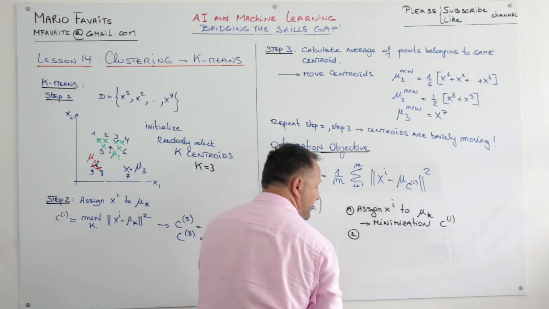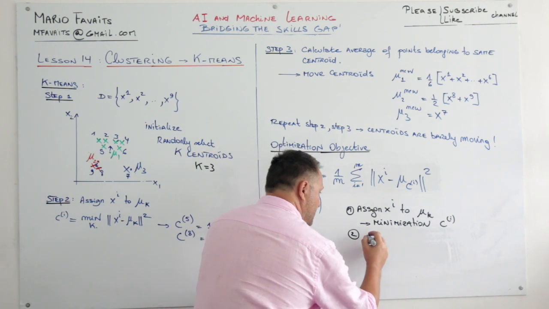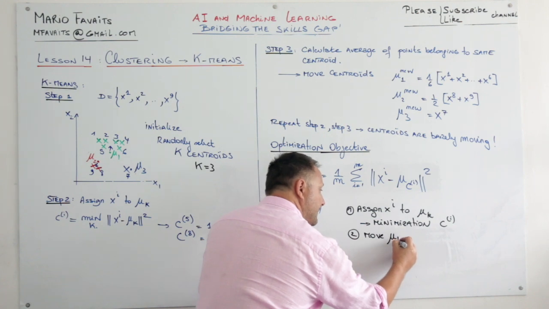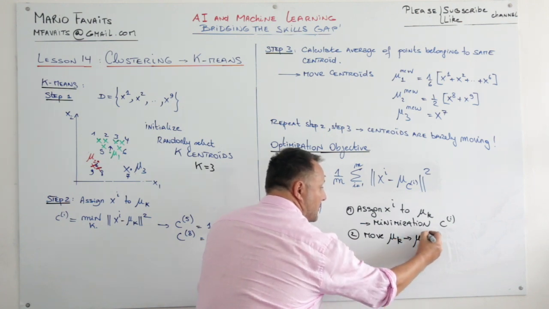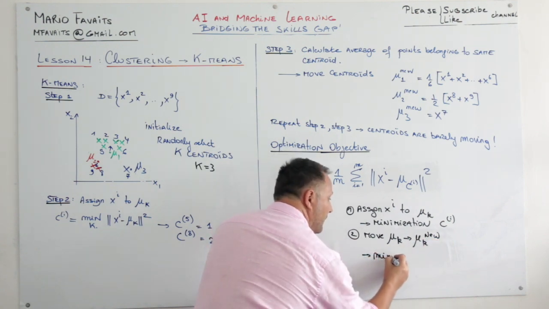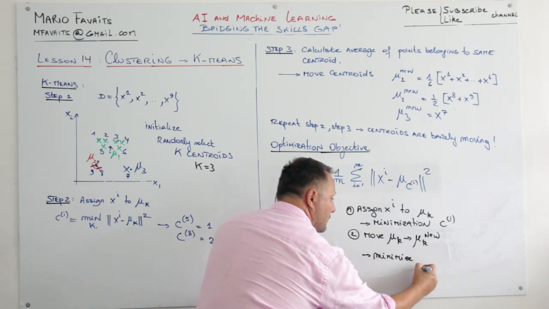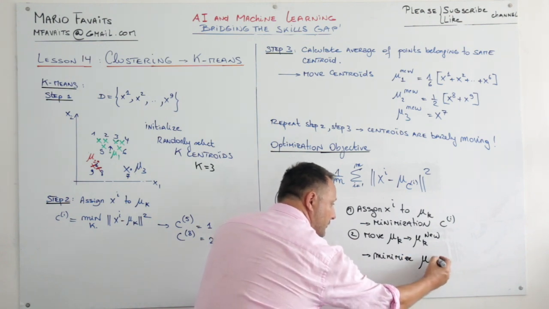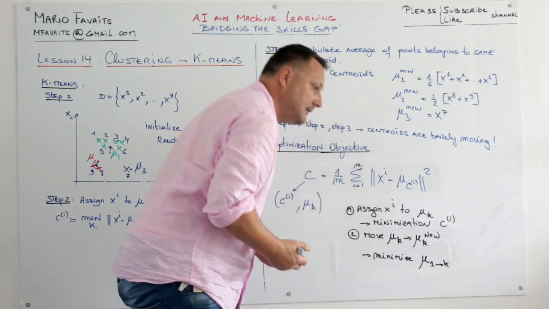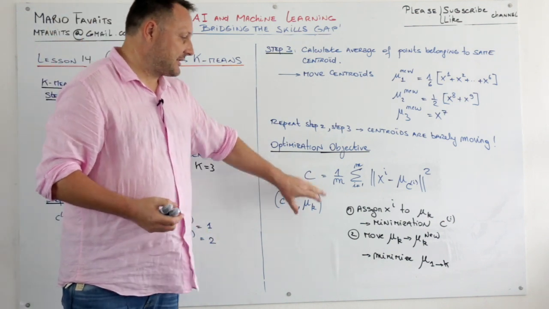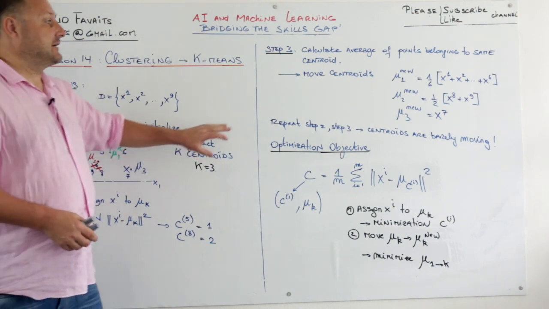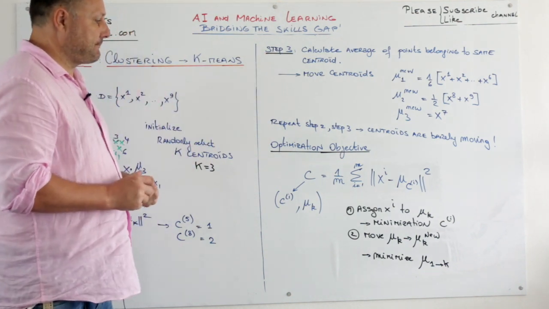And in a second step what you do is you move your clusters mu_k to mu_k new. So here you minimize with respect to your mu, where mu goes from 1 to k. Yeah. So that is the objective function, and that's how it works. So you have an assign step and you have a move centroids step.